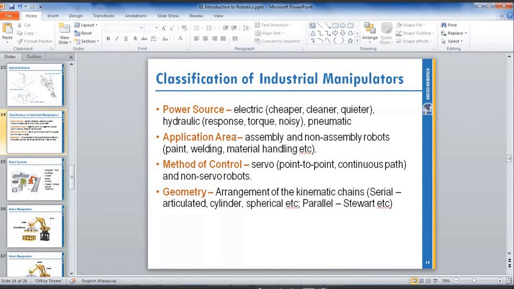And then the application area. What process do you want to do in the area that you want to use it? For example, painting or welding or material handling. Different types of robot will do different tasks. For example, for painting or welding, we will use an articulated robot, because you have more joints. That means, for example, you have 6 degrees of freedom.